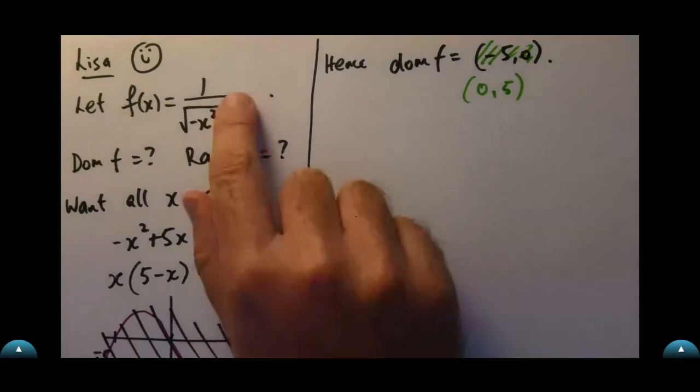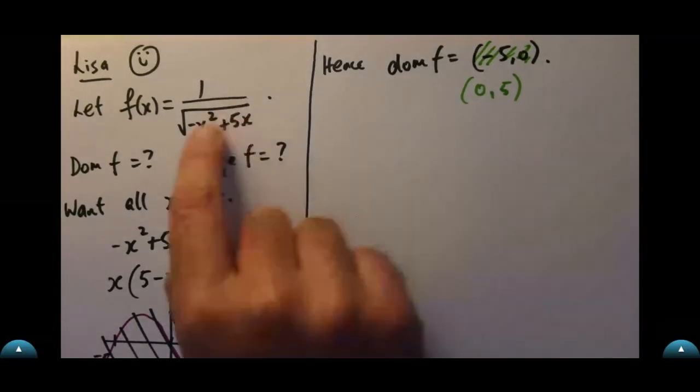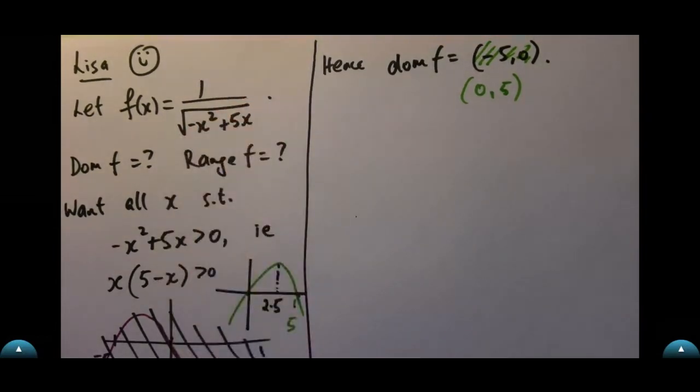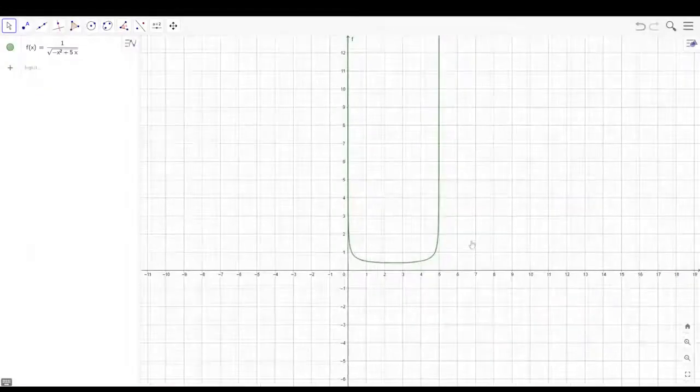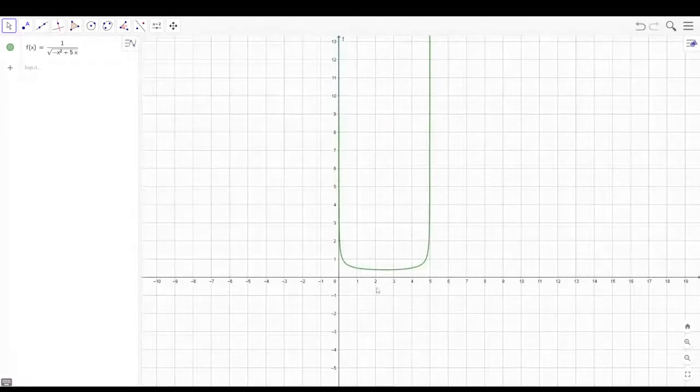So to find the minimum value of this function, you would just work out what 2.5 gives for this thing, and then go up. So if we have a look at a quick picture, let me just put that in there. Okay, so there's GeoGebra. You can see there's 2.5, right? That's where the minimum of this function is.